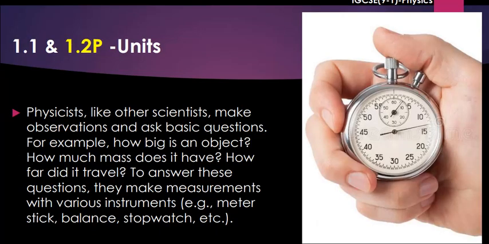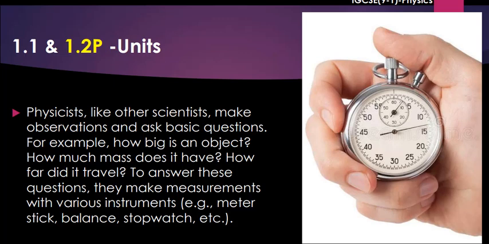What is a unit? Physicists, like other scientists, make observations, and they ask basic questions. How big is an object, how much mass does it have, how far did it travel? To answer these questions, they make measurements with various instruments, for example a meter ruler, balance, stopwatch.